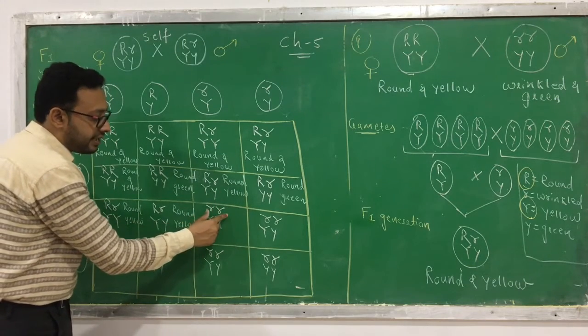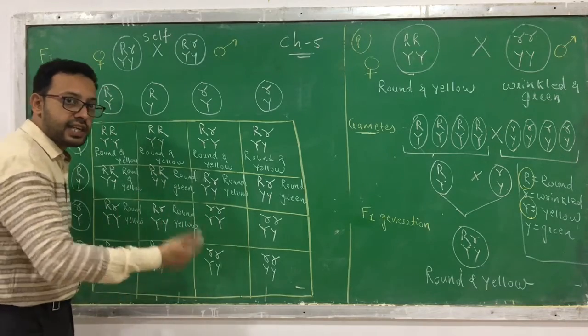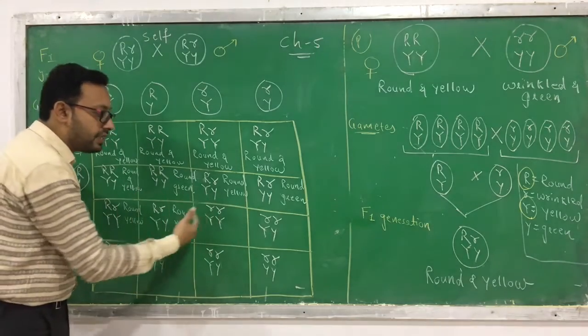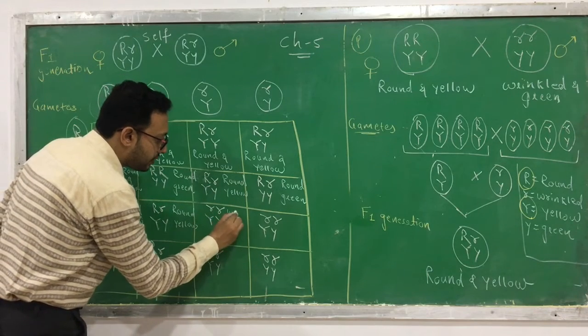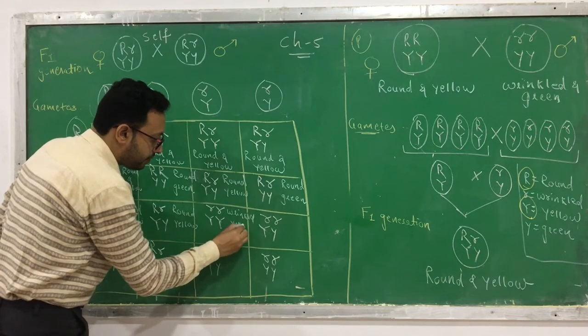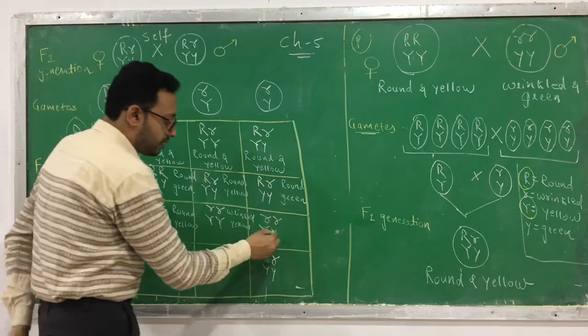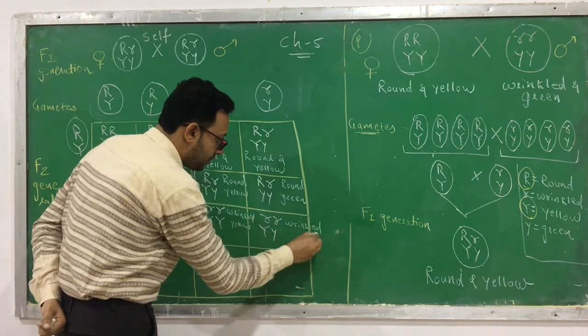See here. Here capital R is absent. Both are small r. That means they are recessive characters. Here dominant is absent, so the recessive will express. So what is the meaning of small r? It is wrinkled and yellow. Next, here it's wrinkle and yellow.